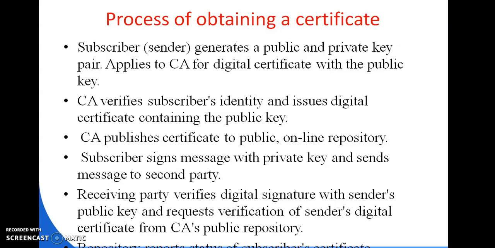CA means certificate authority; it publishes the certificate to a public online repository. The subscriber signs the message with the private key and sends the message to the second party. The receiving party verifies the digital signature with the sender's public key and requests verification of the sender's digital certificate from the CA's public repository.